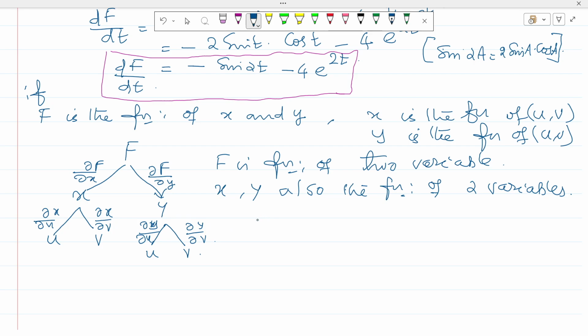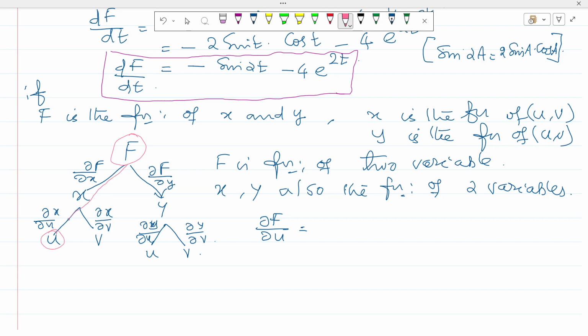That means I want to find the partial differentiation of f with respect to u. That means I want to come from f to u.